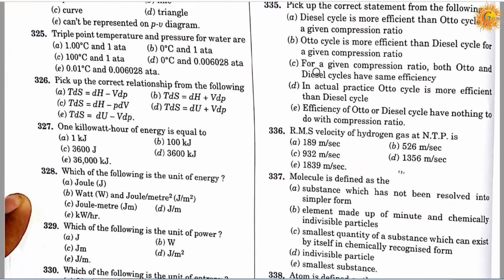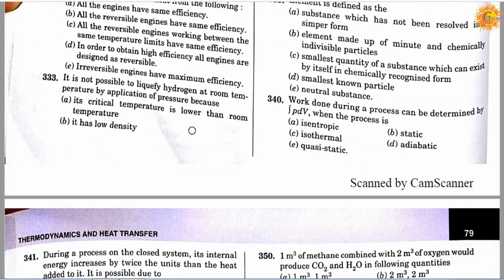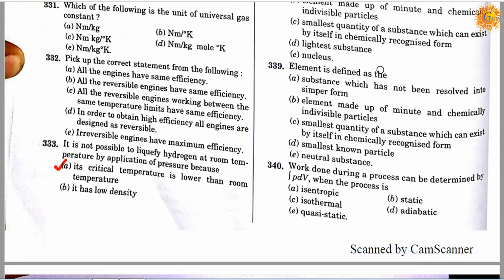Option C, it has 3 isotopes. Option D, it has high thermal conductivity. Option E, it has diatomic molecule. So correct answer is A. Its critical temperature is lower than the room temperature.